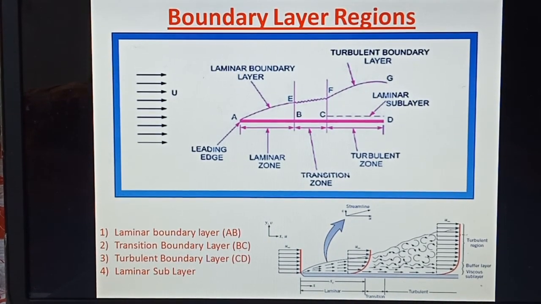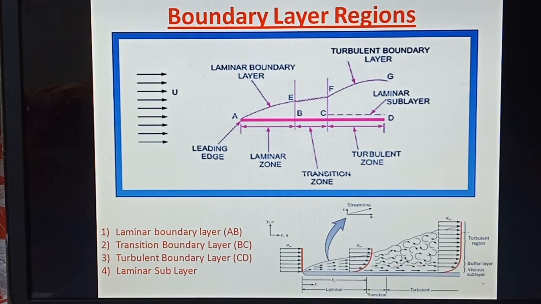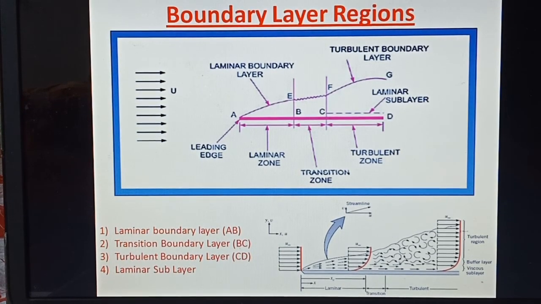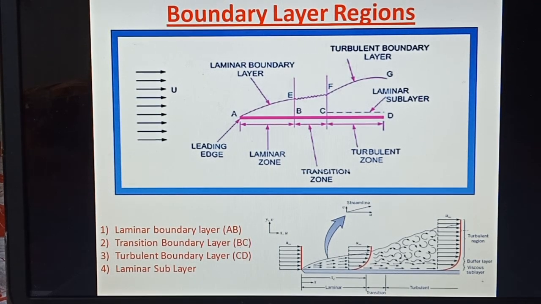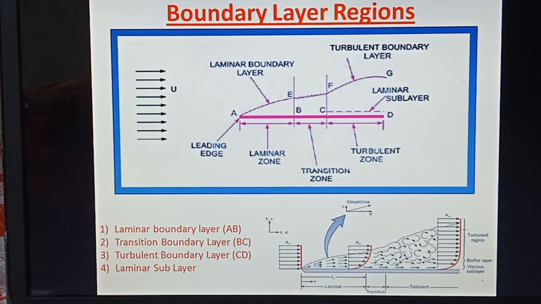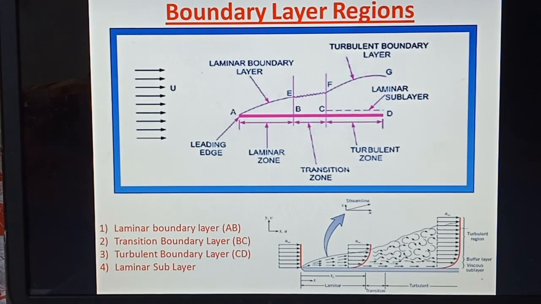This velocity variation causes a velocity gradient inside that fluid flow. The velocity gradient du by dy will further produce shear stress as per Newton's law of viscosity. Newton's law of viscosity is tau equal to mu into du upon dy. So if there is a velocity gradient, then there will be a shear stress. In this case also, a shear stress is produced near the surface of the plate.